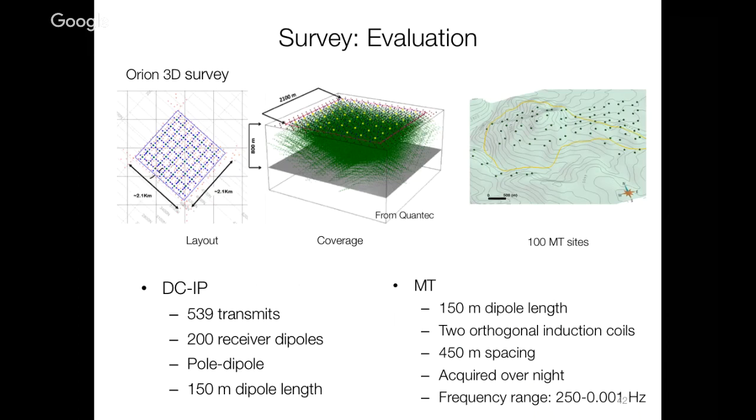For those of you who have a seismic background, you know what you're doing. You need 3D coverage. You want to make sure that every voxel in your 3D model has some reflectors coming off of it. That means different orientations of your transmitter and receiver.